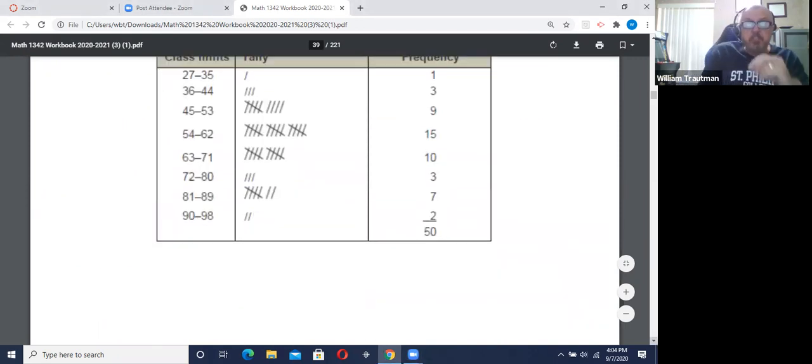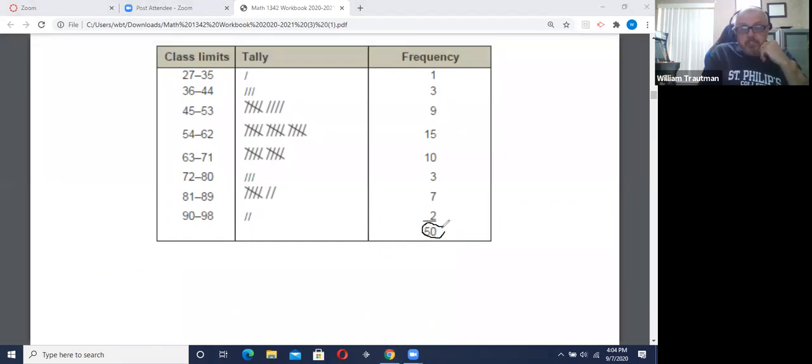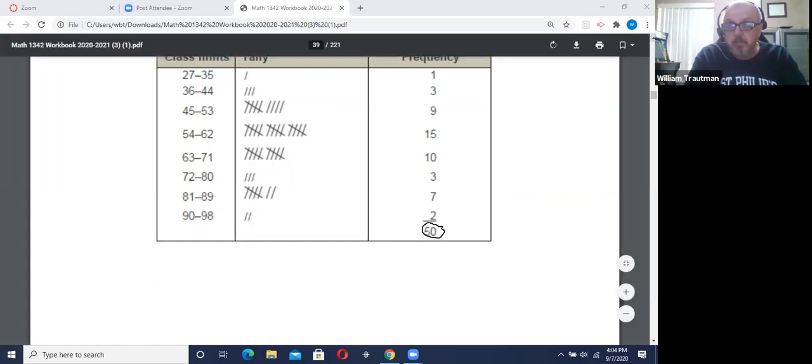So they did this for all the data, all these tick marks, and then they tallied it over. When they added up all these frequencies, there were 50 pieces of data. Once again, you can go up to the top and verify that there are 50 pieces of data.